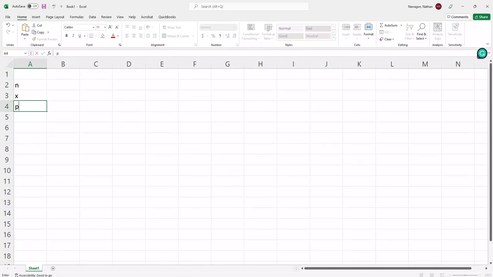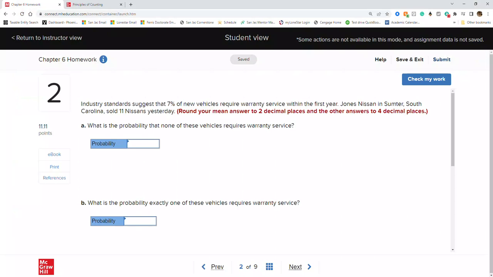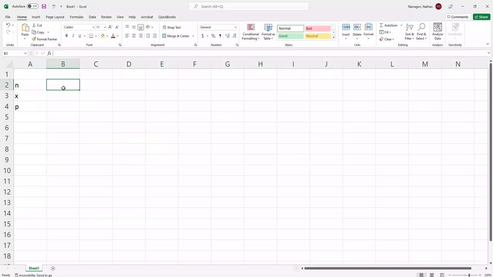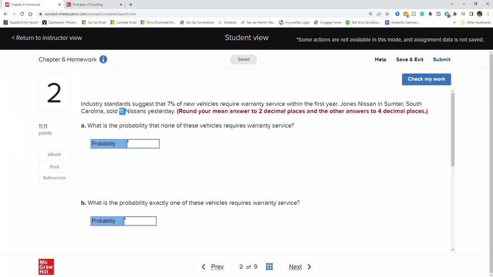So in our word problem, N is going to be the amount of Nissans we have sold, so that's going to be 11. X will be whichever number they're asking for. For this one, the first question will be 0, none.